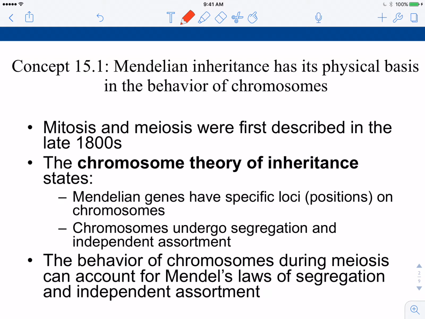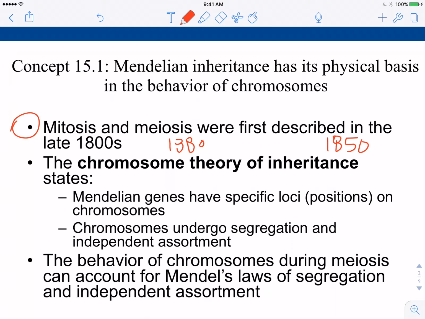Mitosis and meiosis were first described in the late 1800s, around 1880, and Mendel was doing his work in the 1850s, so really before they knew what meiosis was.